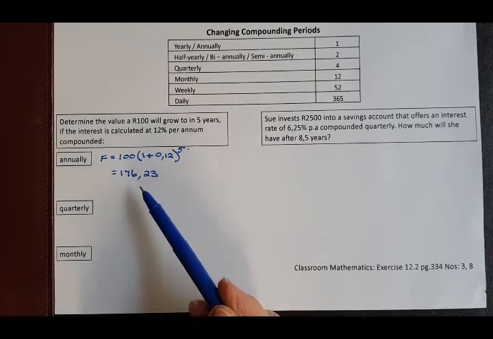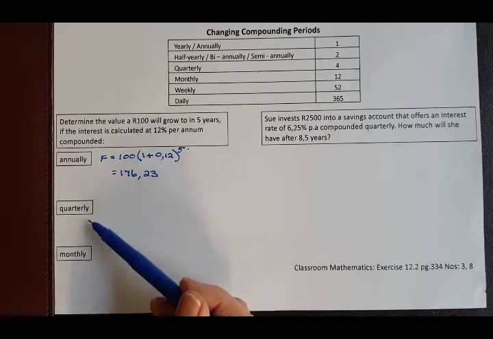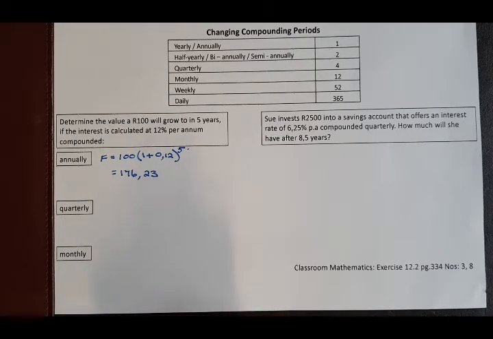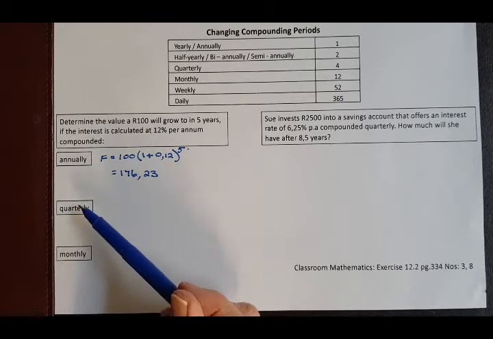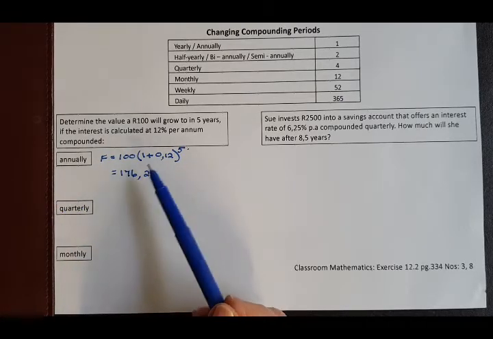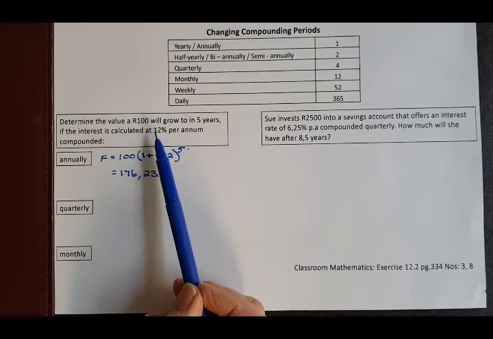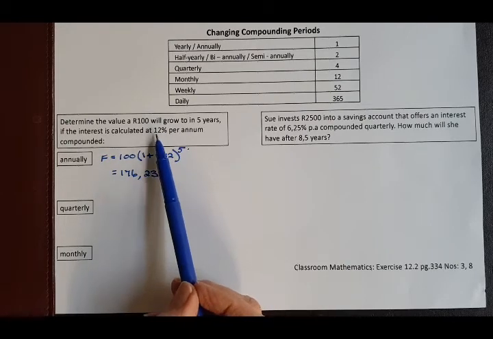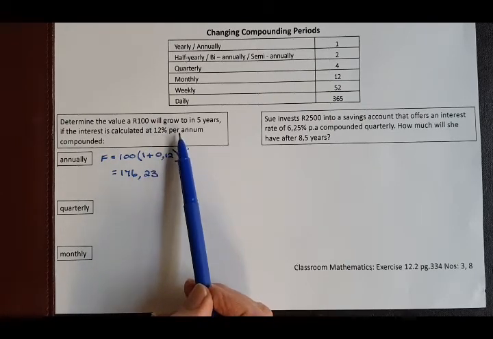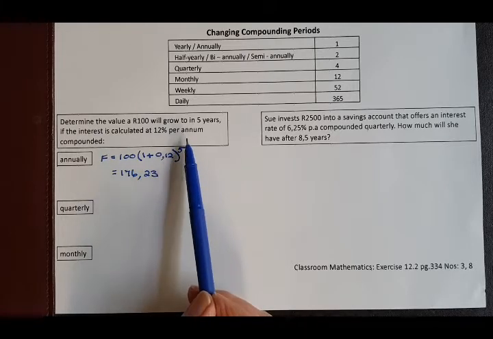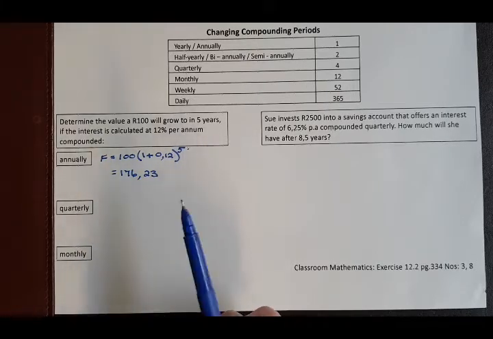Now, it is possible to work out our interest 4 times in 1 year. That's what quarterly would mean. Now, understand you're not getting 12% per quarter. It's still 12% per annum. But what we're going to do is work out the interest 4 times in 1 year.